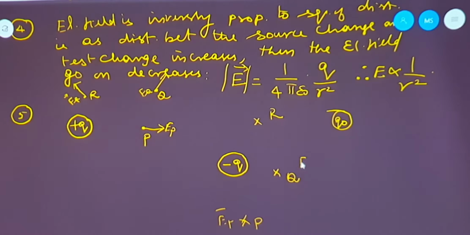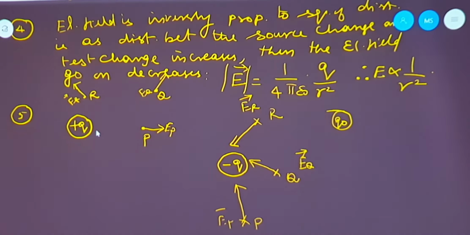At Q, the test charge will develop EQ vector, and at R it develops ER vector. Along what direction? Since the parental charge is negative, EP will be acting towards this negative charge, EQ will be acting towards this negative charge, and ER will also be acting towards this negative charge.